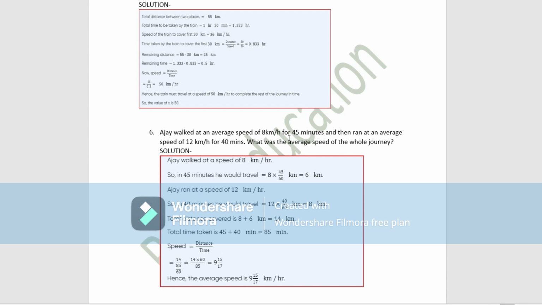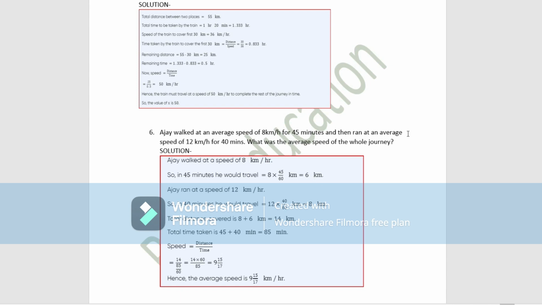Ajay walked at a speed of 8 km per hour for 45 minutes and then ran at an average speed of 12 km per hour for 40 minutes. If we convert the minutes into hours, 45 by 60, we get 6 km.